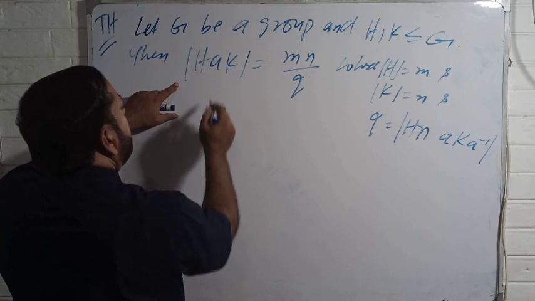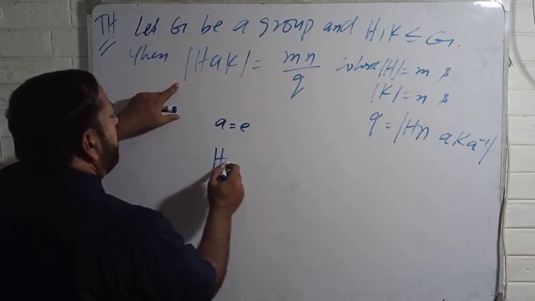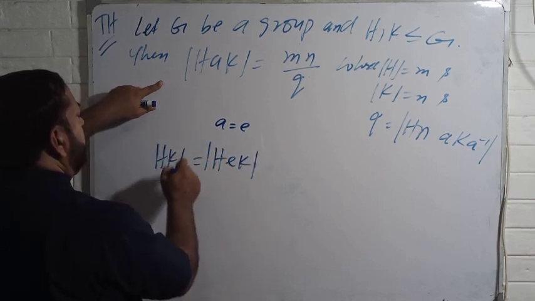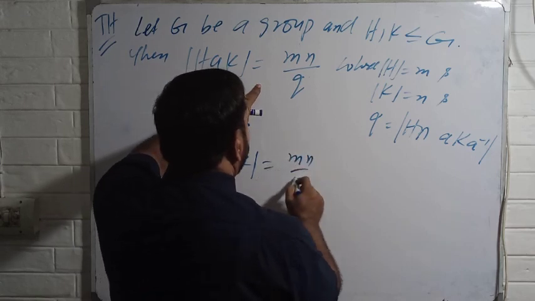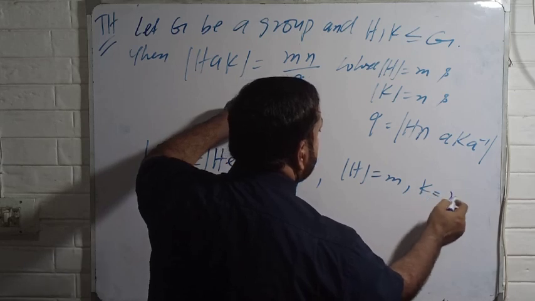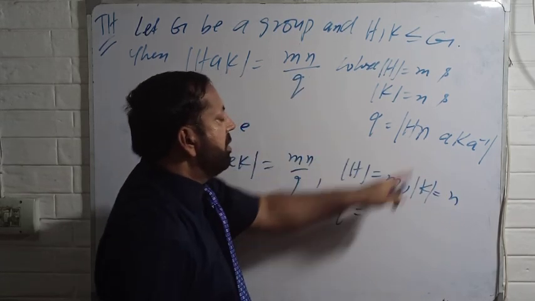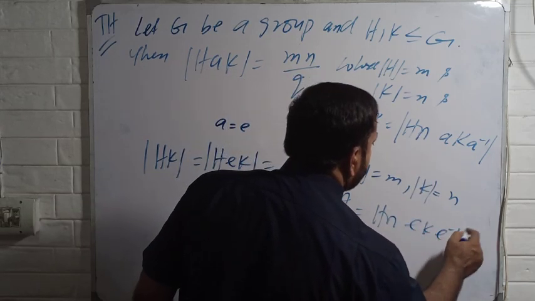So what is happening behind inside? You see that if you write A is equal to E, then what is this? This would be equal to H E K. This is in fact HK. Okay, so here Mn by Q, order of H is equal to M, order of K is equal to N, and order of Q would be equal to H intersection here E K E inverse.